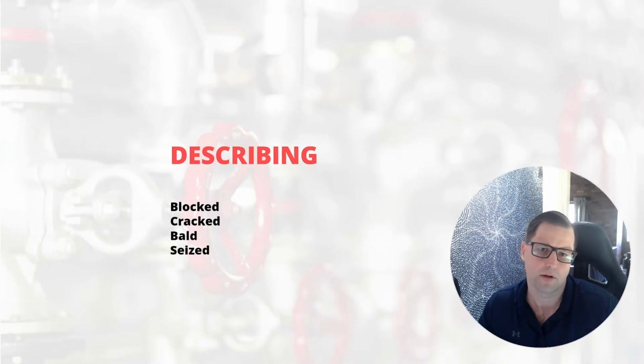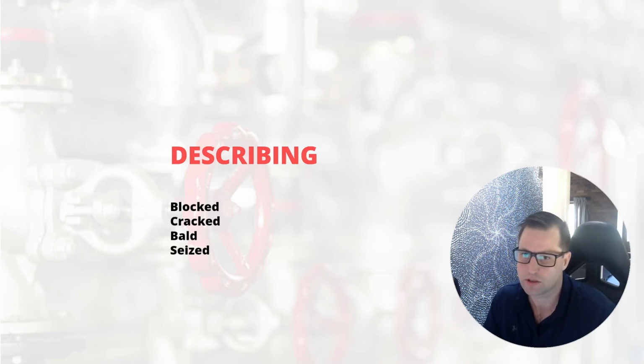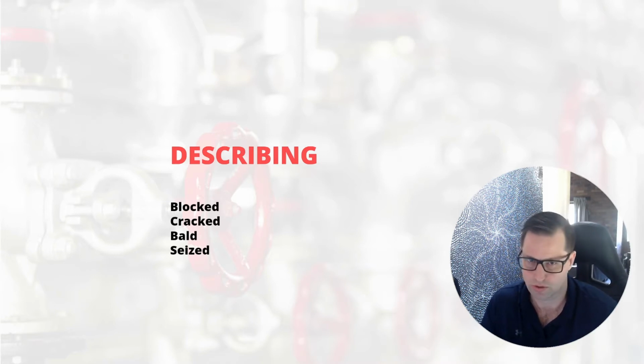All right, so given that a failure mode is a way in which something might fail, how do we describe that way? Well, we typically use an adjective describing the state of the asset. Something like blocked, cracked, bald, or seized. Like chute is blocked, structure is cracked, the tire is bald, or the valve is seized, for example.